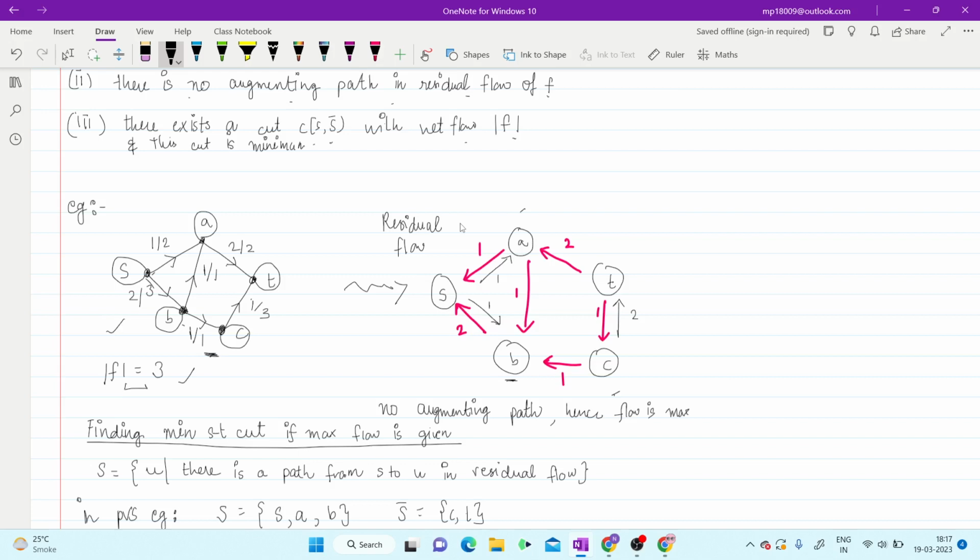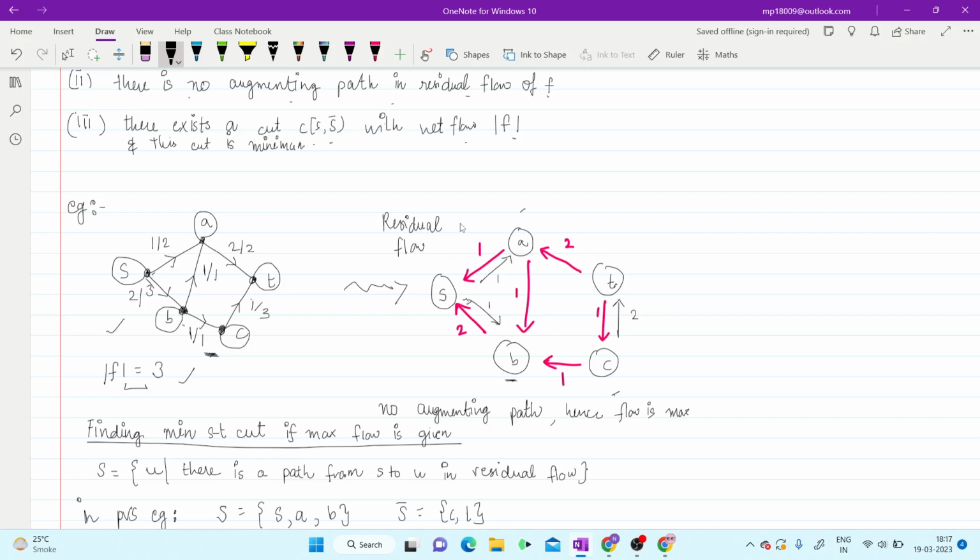Is everyone convinced that there is no augmenting path? To find an augmenting path, we want to find a path from S to T. But there is no path from S to T, because there are two ways.